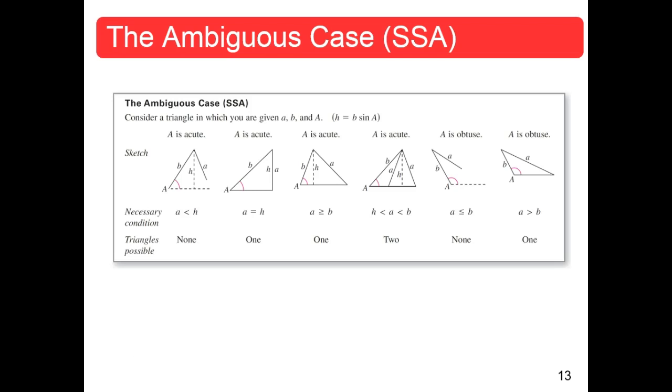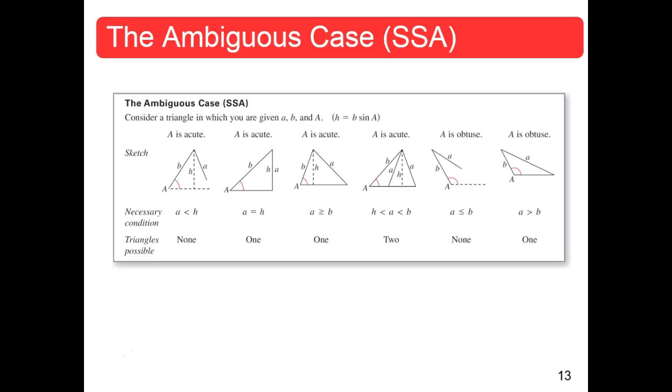Notice here, the sine of A is h over b, so h is equal to b times the sine of A, same type thing we did before. If this A is less than h, it's never going to make a triangle, okay? So there's a condition. If that's the case, hang it up, Jack. You're not going to do it.